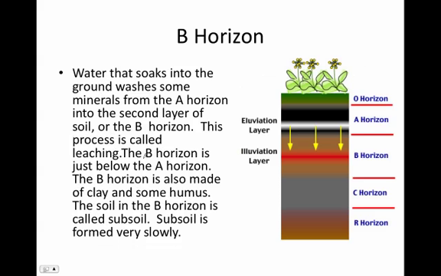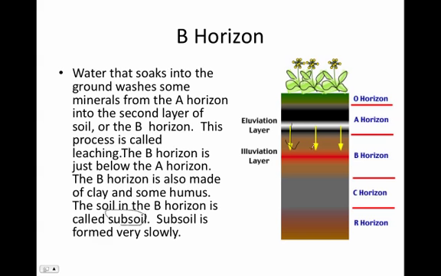So that's horizon A. Horizon B: water soaks into the ground and from horizon A, the top layer, it will eventually leach or seep into horizon B. Horizon B is made of clay and some humus. The soil in B is called subsoil.